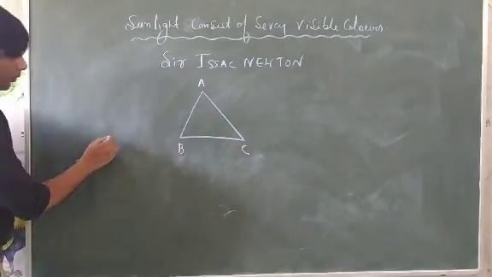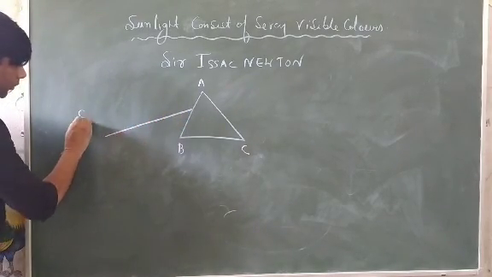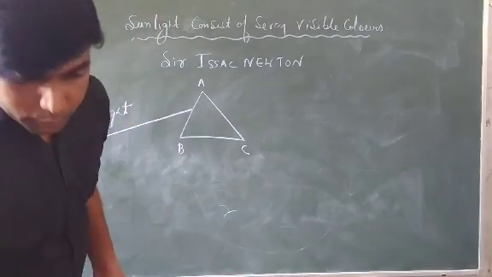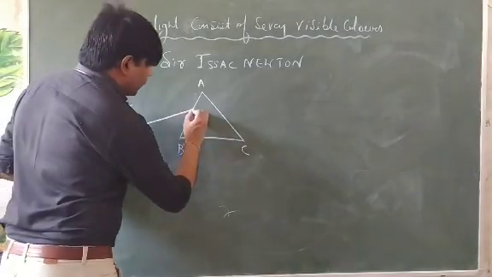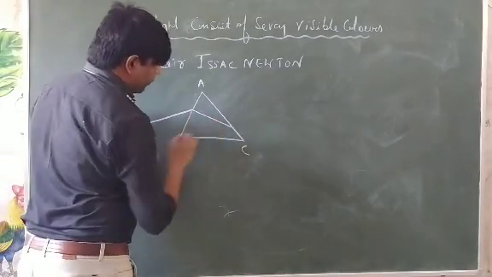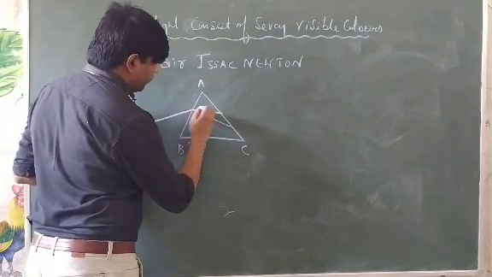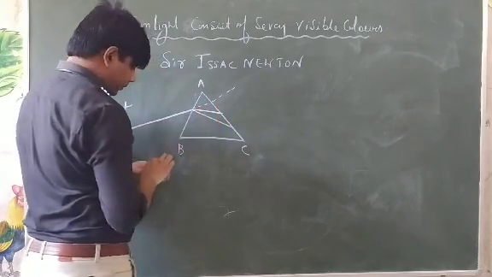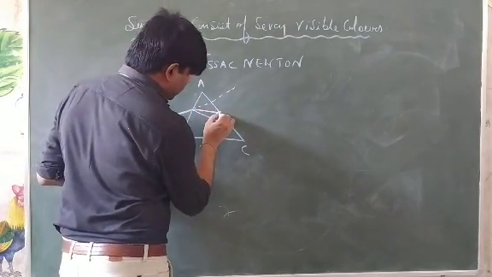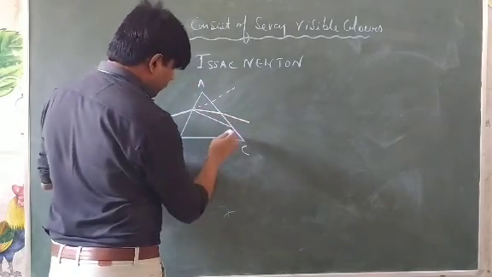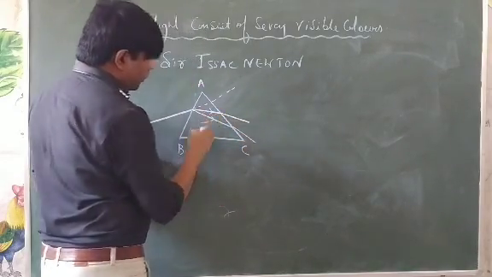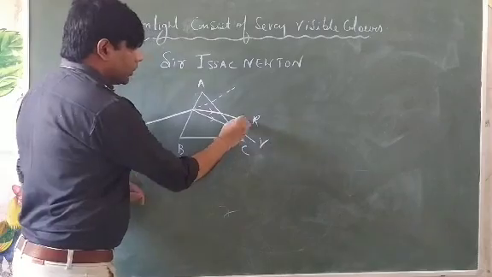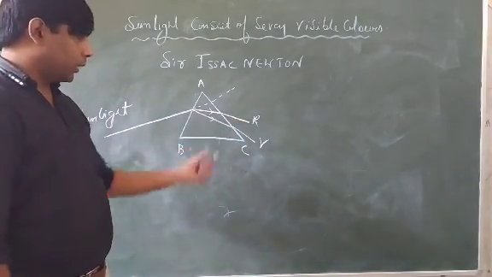Here I am showing only red and violet. Among these, between them, there are many colors, right?